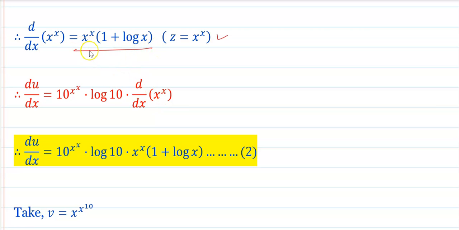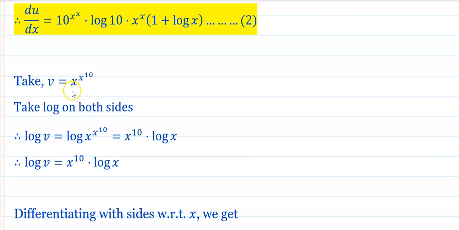What is that? X raised to x in bracket 1 plus log x and hence this is the first one. Therefore du by dx is equals to 10 raised to x into log of 10 into x raised to x in bracket 1 plus log x. Okay. Now v. What is the v? X raised to 10.